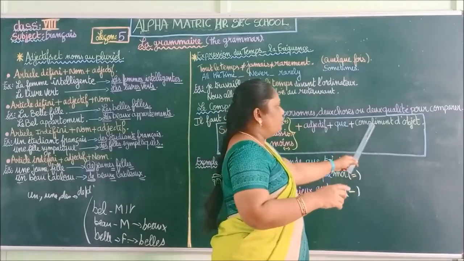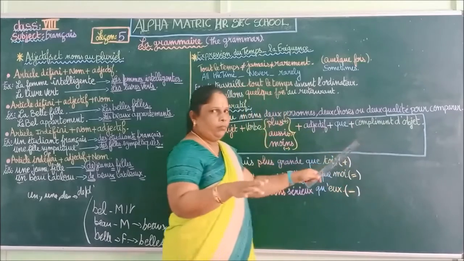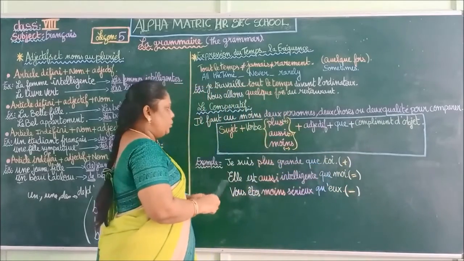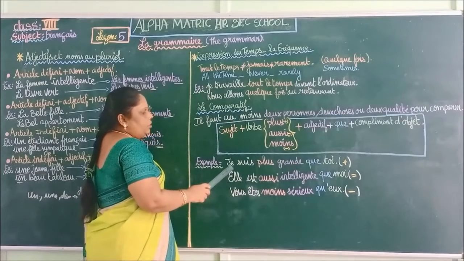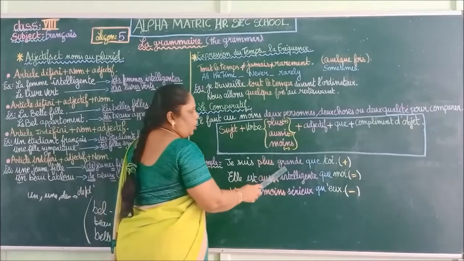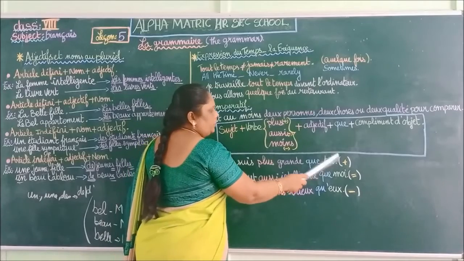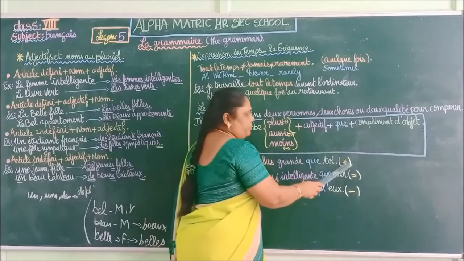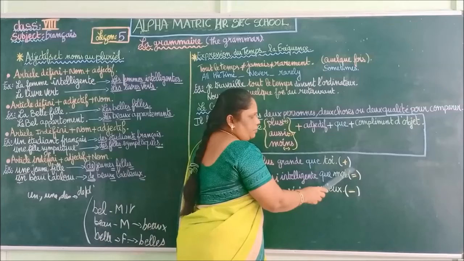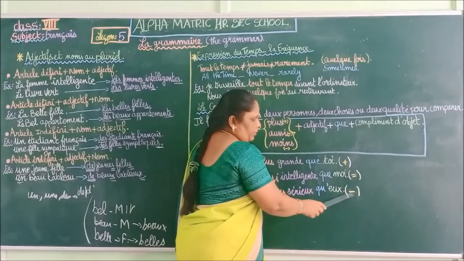Okay, so plus complément d'objet and the noun complément d'objet. Okay, so here you have some example. Je suis plus grande que toi. So in the exercise you have the symbols minus, plus, even or minus.